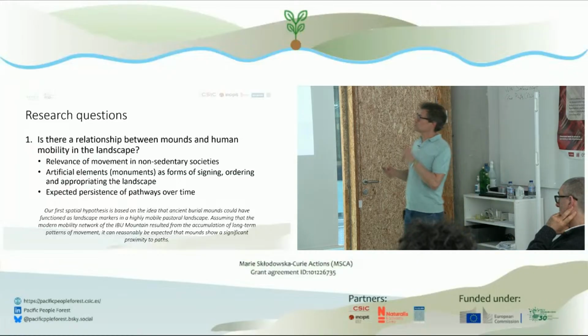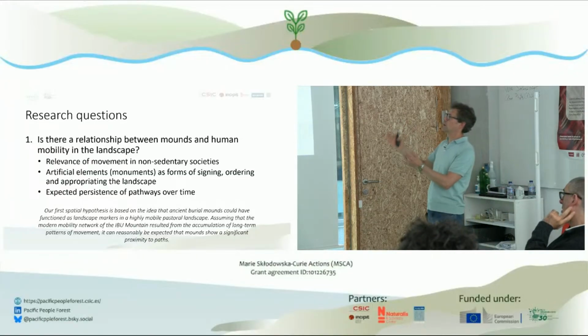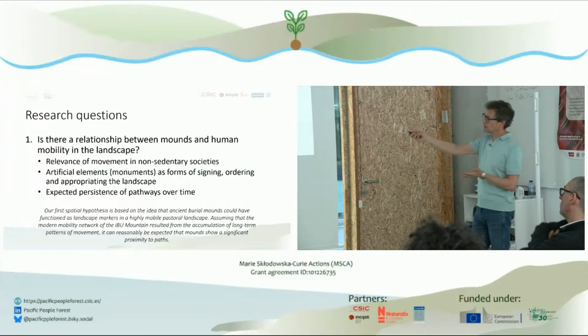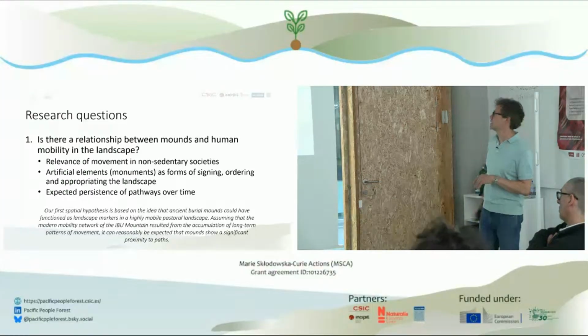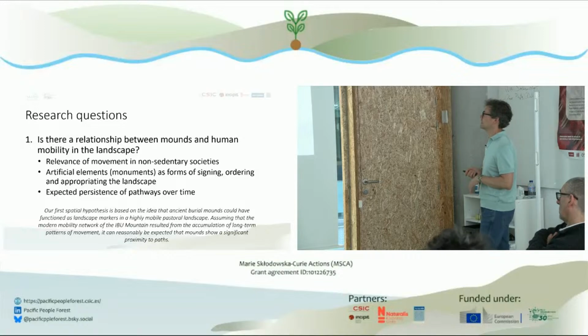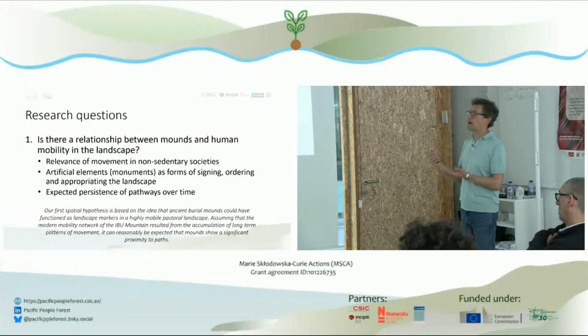And there's also the expected persistence of pathways over time in this area. This is, again, an assumption that is part of this hypothesis. So the hypothesis is formulated over there, as you can see in the italic text at the bottom of the slide. So the idea is to explore if there is a significant proximity of these burial mounds to paths.